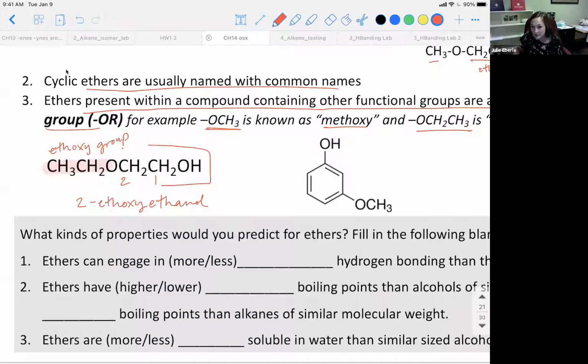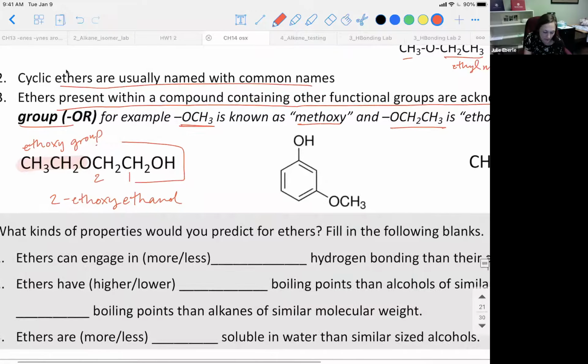Keeping in line with the same type of thinking, look what we have. We have a phenol, so we're going to name it as a phenol. But it's also an ether because we have this carbon, oxygen, carbon bond, and that part is an ether. So how do we acknowledge the fact that there's this ether substituent?